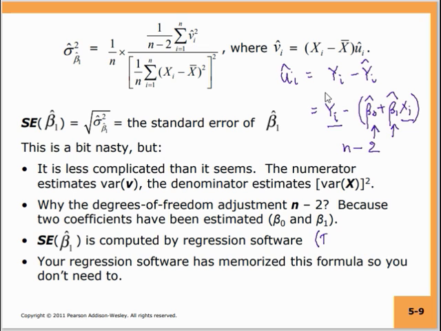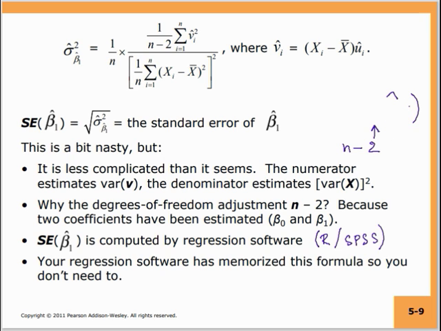So whichever software you use, R, SPSS, this will calculate this somewhat complicated looking formula for you, but you have to understand what the standard error is. Basically, the regression software will give you the standard error associated with each beta 0 hat and beta 1 hat coefficient that you estimate from your data, and you have to understand what this standard error is that your software is giving you.